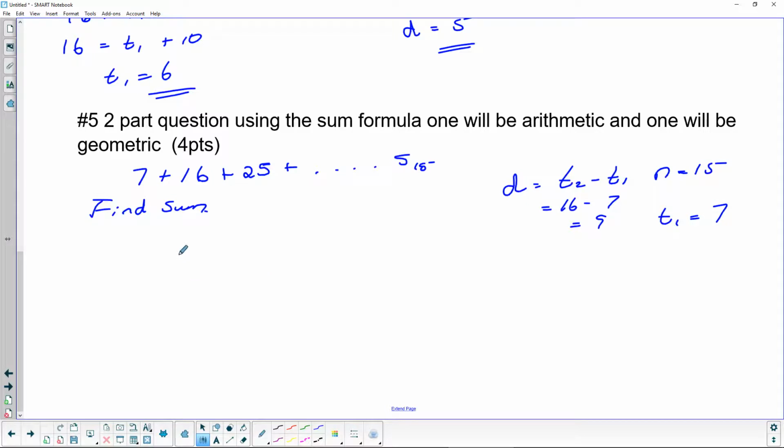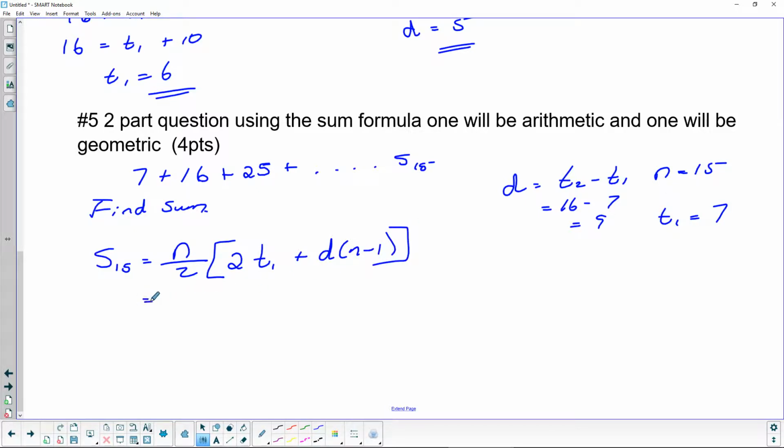So we could plug that into the formula for sums. S15 is going to equal N over 2 times 2 T1 plus D times N minus 1.